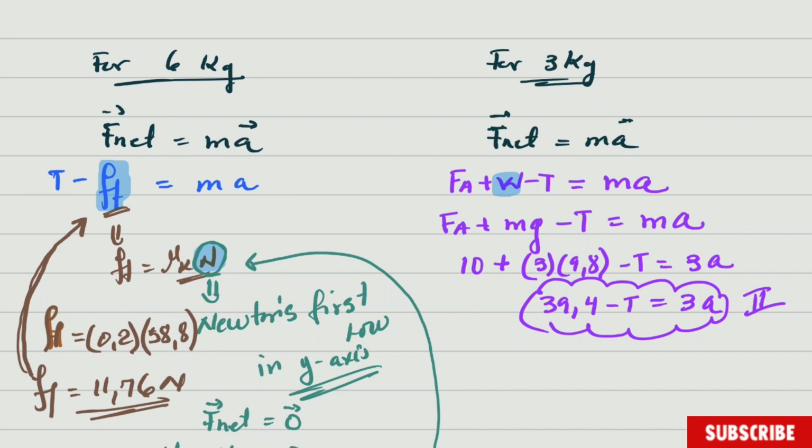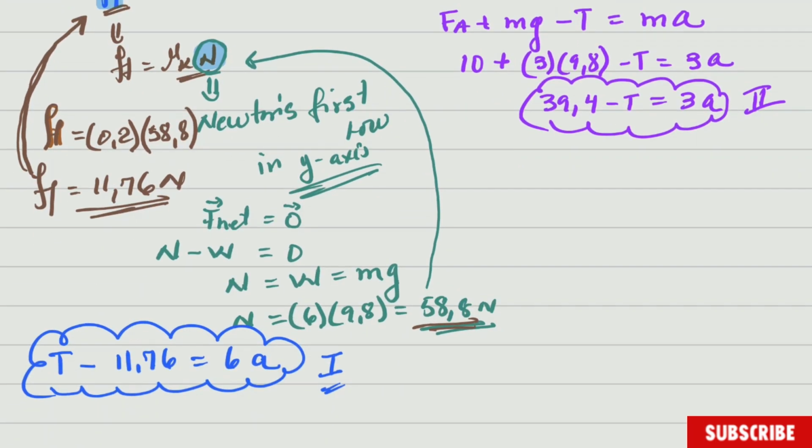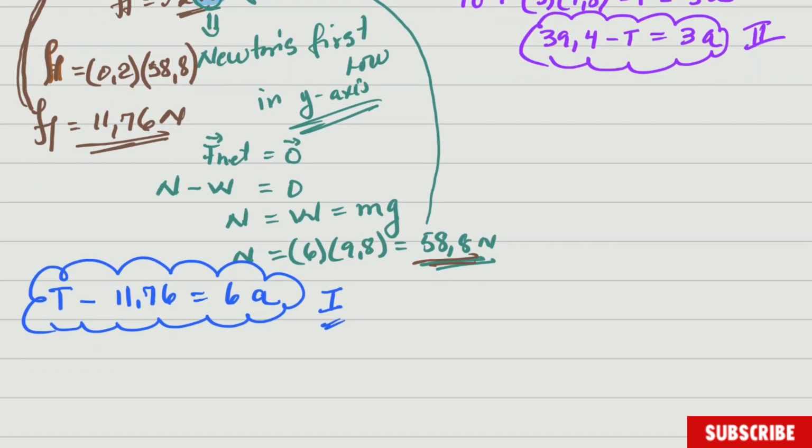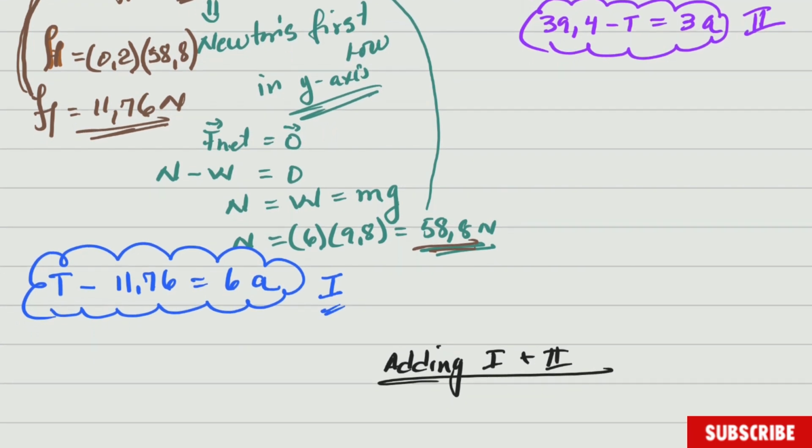So now we have two equations, equation 1 and equation 2. All we're going to do is to add equation 1 and equation 2. So how am I going to do that? I'm going to say adding 1 plus 2. Okay? So that is what I'm going to do, guys. So I'm going to add everything on the left hand side, which is this one plus that one there. All right?